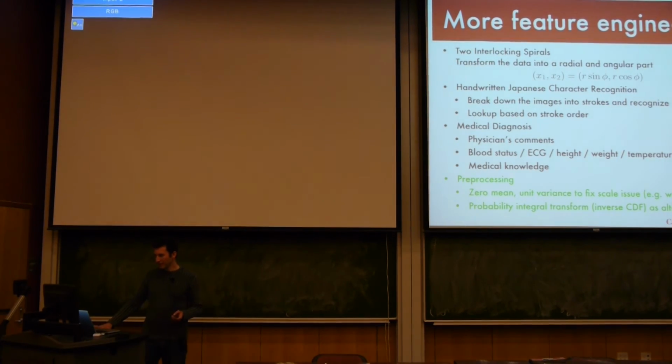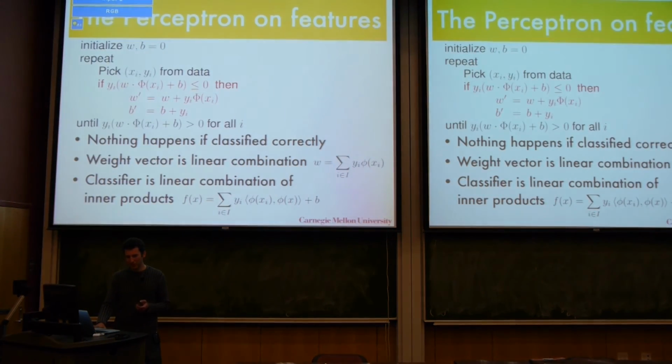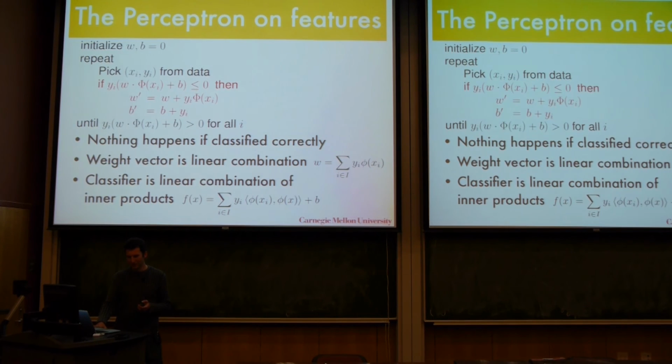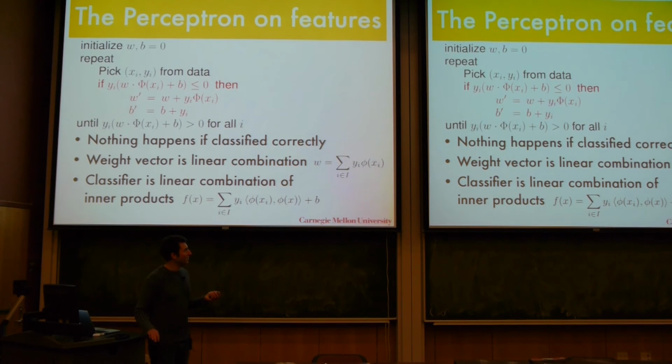Okay. Now that you have this, we can do the Perceptron with features, right? So it looks exactly the same way as we did before, except that now, when we have an API, we have feature maps. So the only two lines that we change are those.